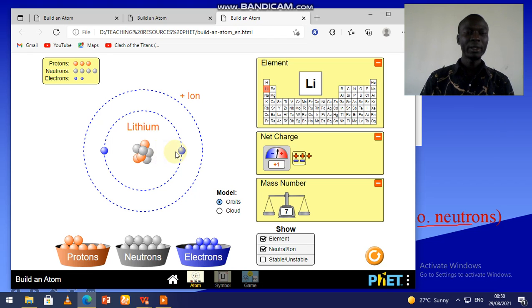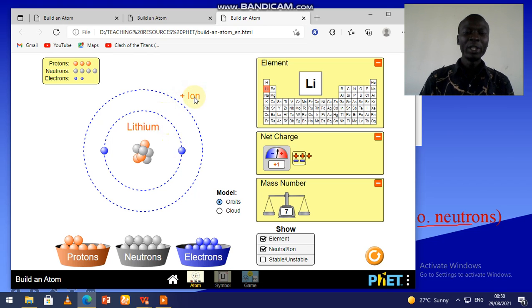You can notice that the number of positive charges is 3, and the number of negative charges is only now 2. So the total charge on that atom is now a positive 1 charge, because of this extra positive charge. So that atom is no longer a usual atom. Now we give it a special name, which is a positively charged ion, which we call a cation.